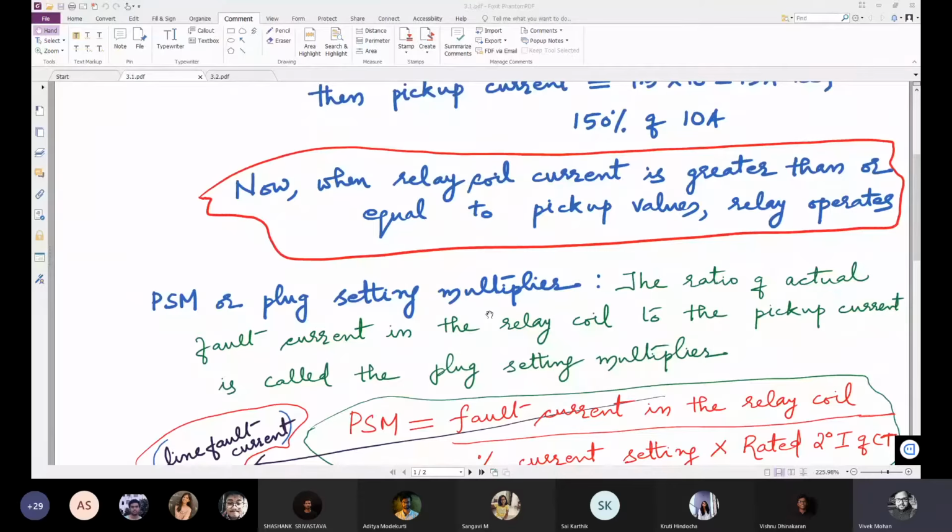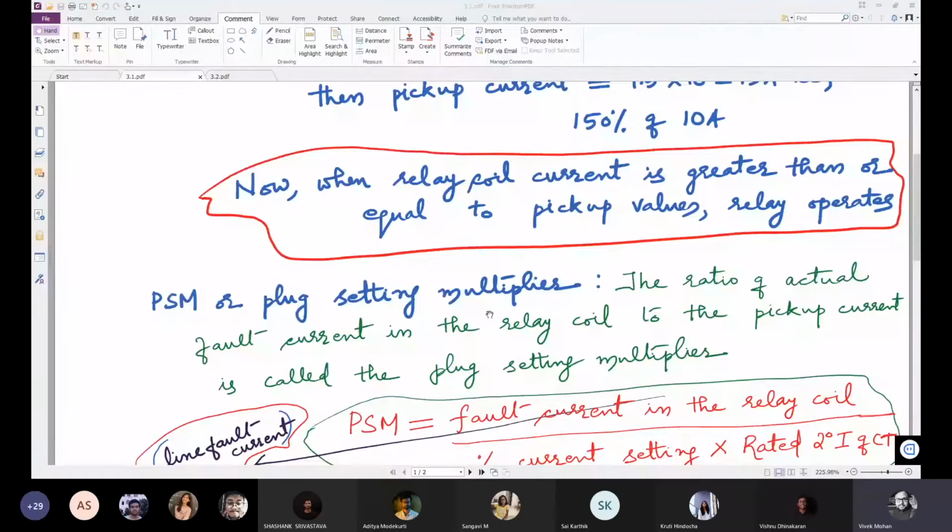Sometimes in relay manuals, the inverse time characteristic of the relay is shown in terms of plug setting multiplier. That means the horizontal axis gives the plug setting multiplier, and the corresponding time of operation of the relay is plotted on the vertical axis. So if you know the PSM value, you can find the corresponding time of operation.